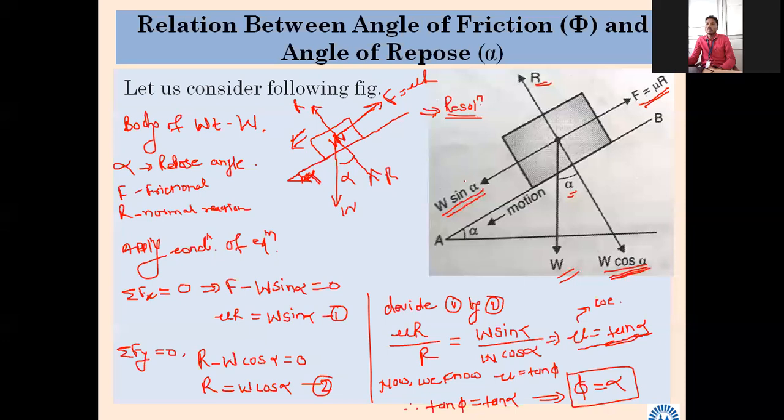Final conclusion is angle of friction is equal to angle of repose. Maybe somewhere it may come: derive the relation between angle of friction phi and angle of repose alpha. Okay, are you with me? Shall we go next? Yes, sir.